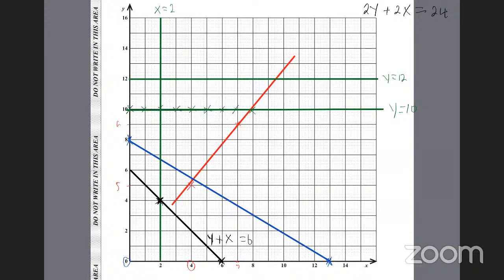All you do is pick an x value, pick any x value, and then do it again.